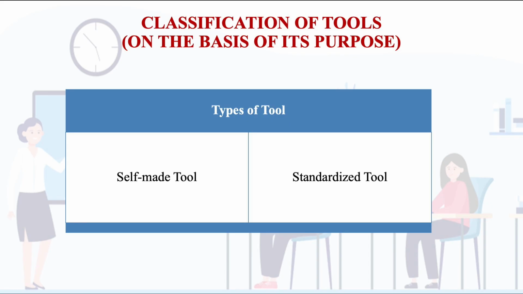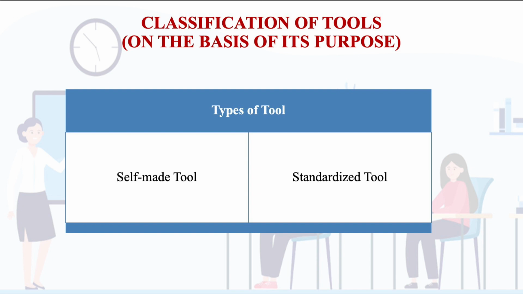So far as classification of tools is concerned, earlier we discussed the basis of norm of reference, where it is of two types, norm-referenced evaluation and criterion-referenced evaluation.